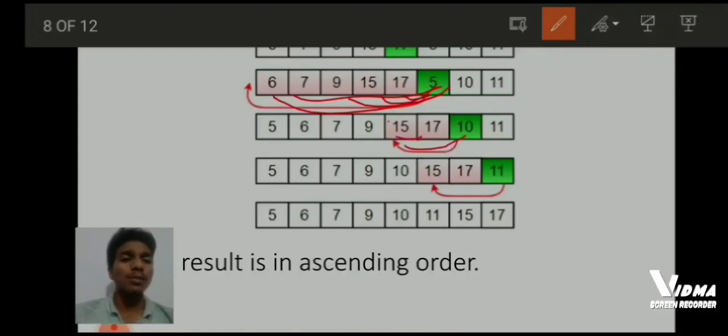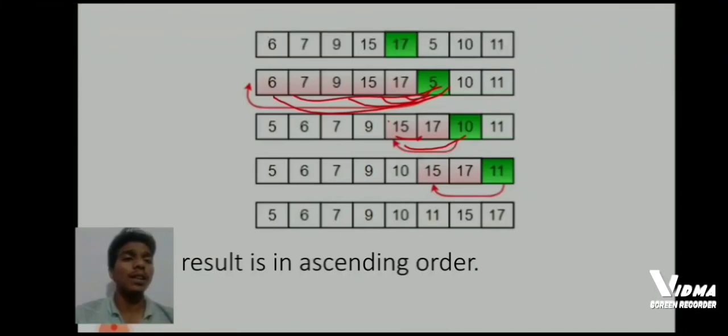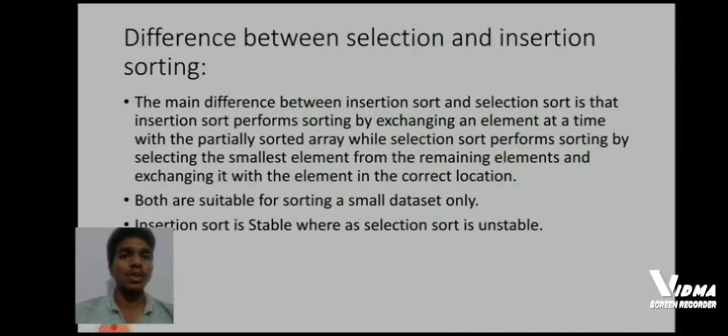The last element, 11, compares with all the predecessors, and similarly 11 also comes to its position, so the result is 5, 6, 7, 9, 10, 11, 15 and 17. So here we can see the result is in ascending order. This is the procedure of insertion sort.